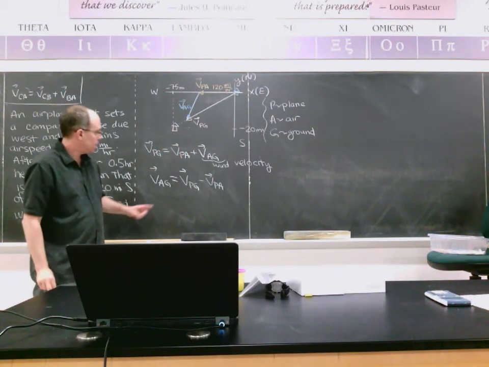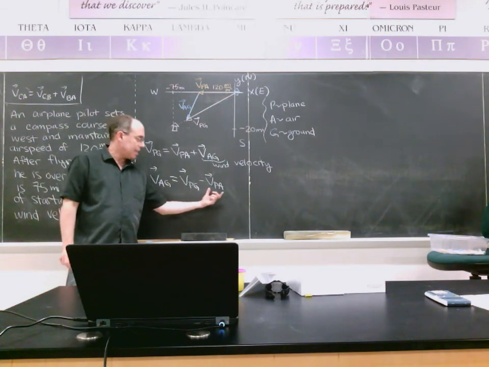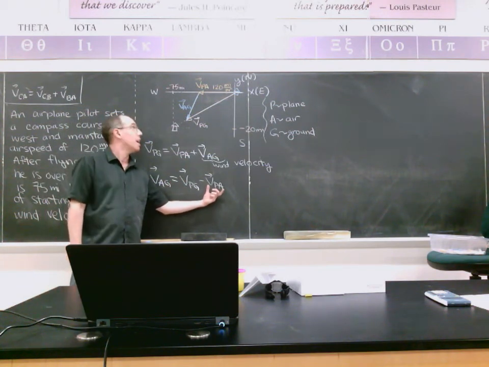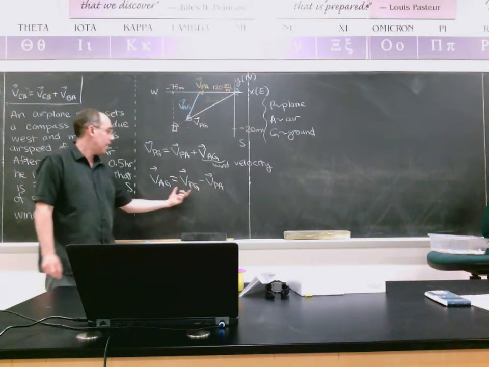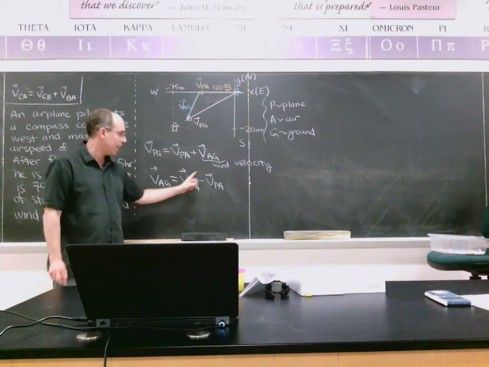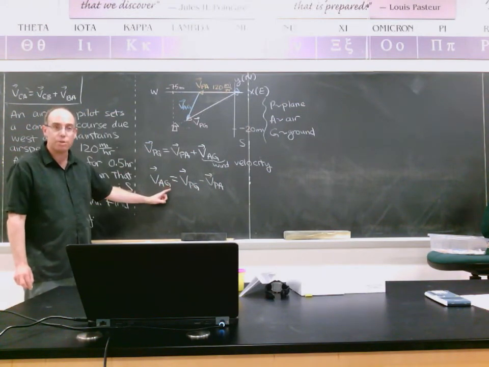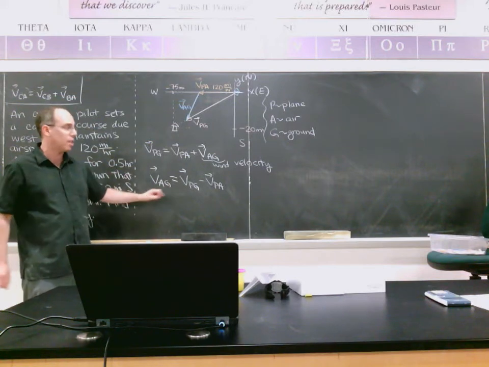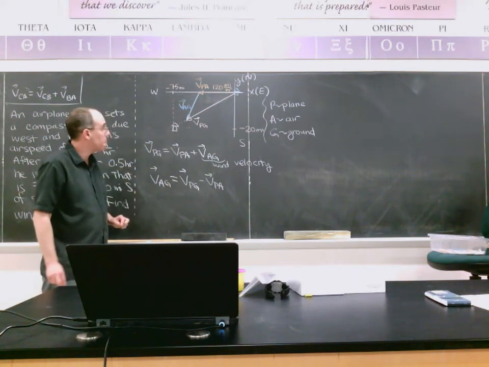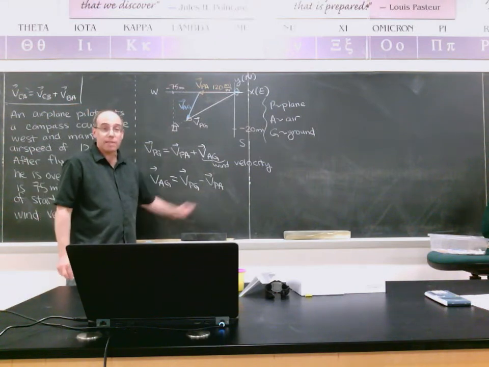What this is telling us is that if I can get an explicit vector form for velocity plane with respect to air and an explicit vector form for velocity plane with respect to ground, I can subtract those and that gives me the velocity of the air with respect to ground, which in other words is the wind velocity.